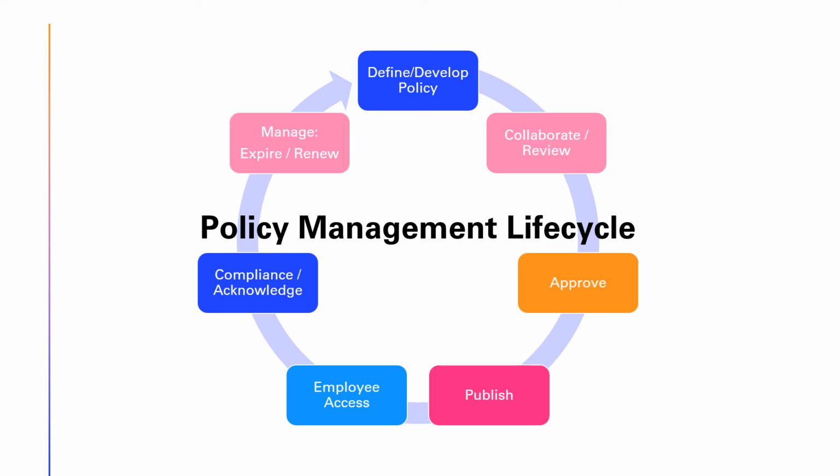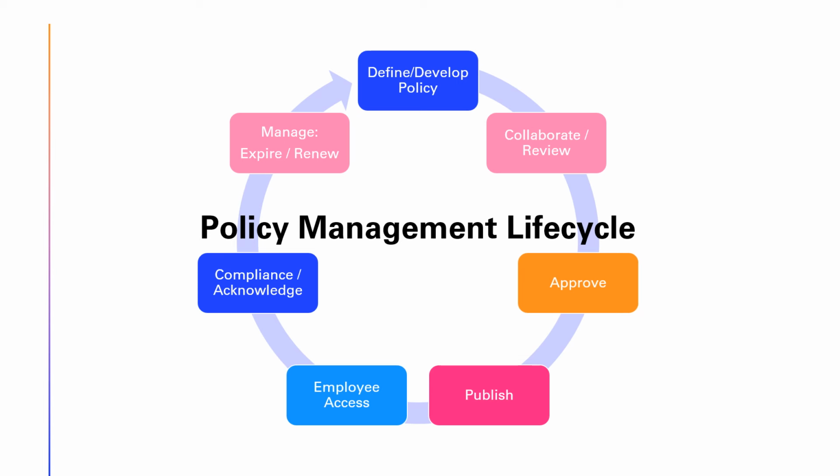And once the final draft is developed, it's very important to make sure that the appropriate leadership approves the policy, because that's what's going to be put in place, and it's going to impact many employees in the organization. Once it's approved, then you want to publish it.